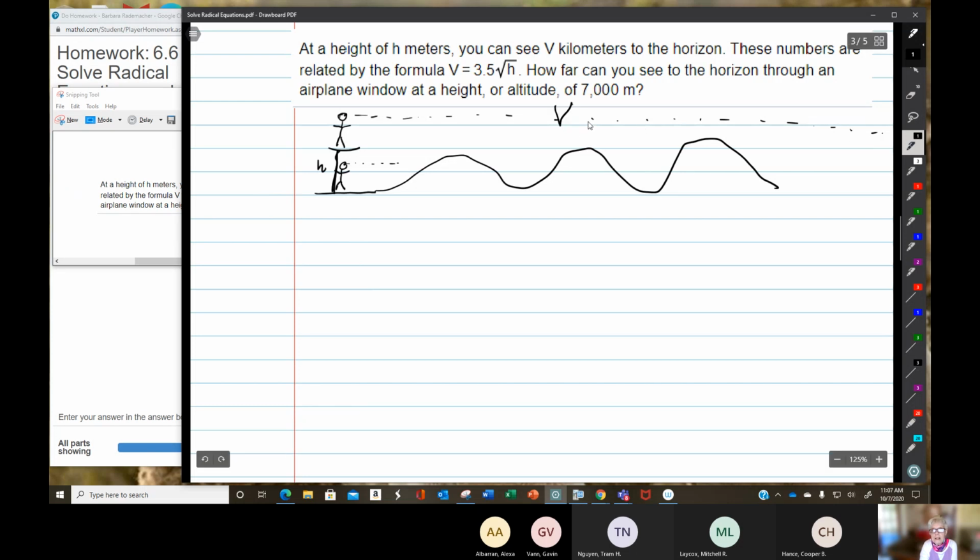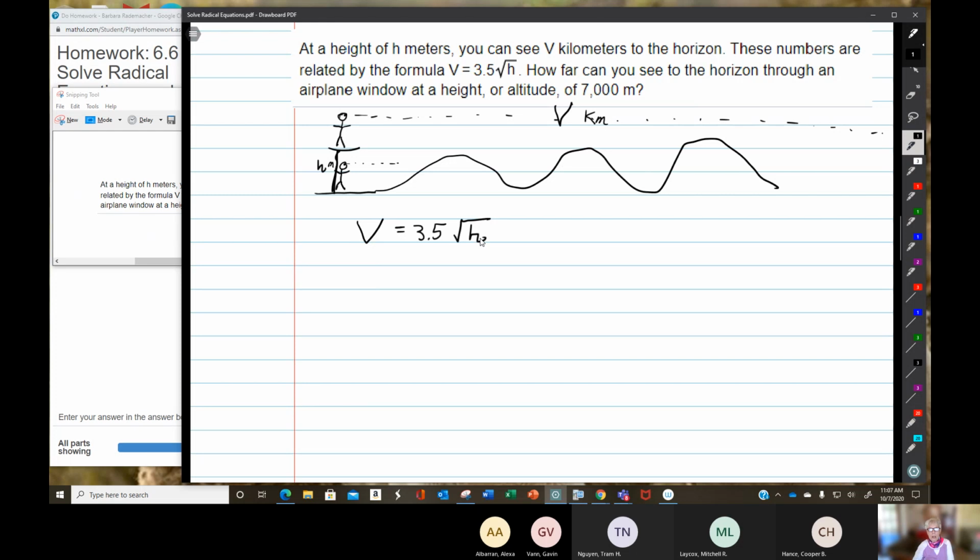So v kilometers, and this is h meters. These numbers are related by a formula. V, the distance in kilometers to the horizon, equals 3.5 times the square root of h.